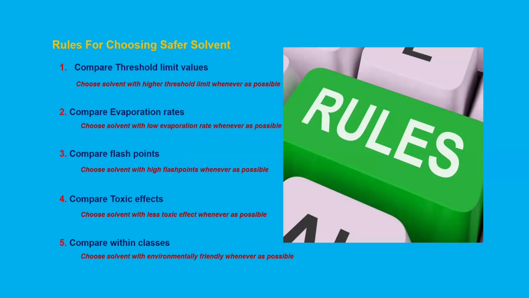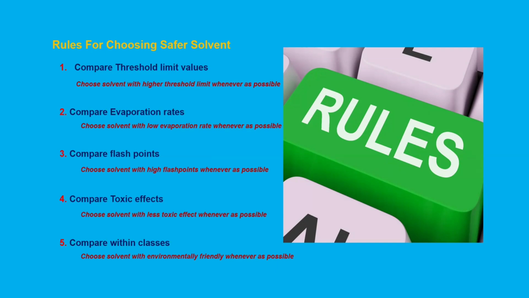Now, how can we choose the right solvents for our printing process? This is a very important question. Do we know how solvents impact the performance of printing inks? Here are some rules for choosing safer solvents. When choosing solvents, always compare threshold limit values.